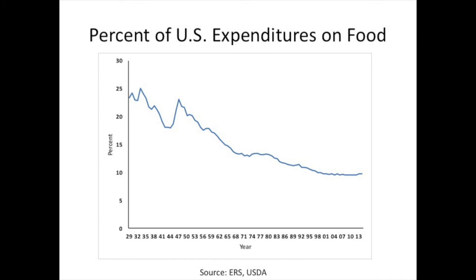Here you will see the percent of U.S. expenditures on food. And I decided to take this approach to it because if we pick any particular food, we could actually see price increases because of technological improvements in the food. And let me give you an example here.